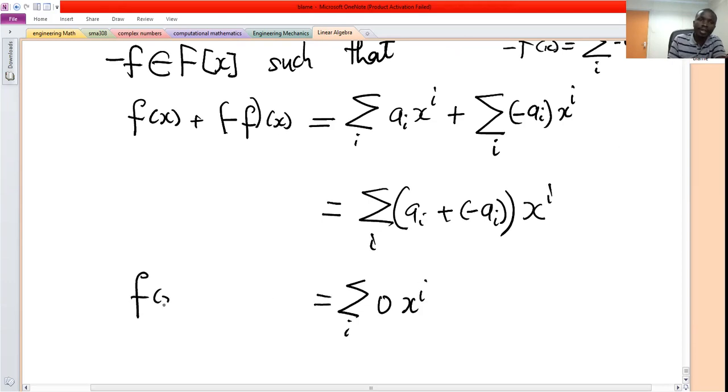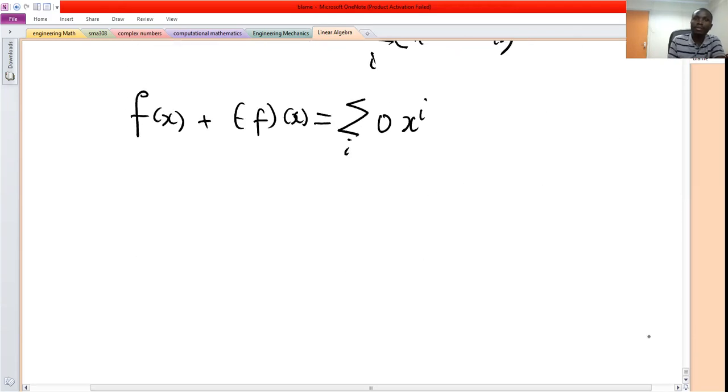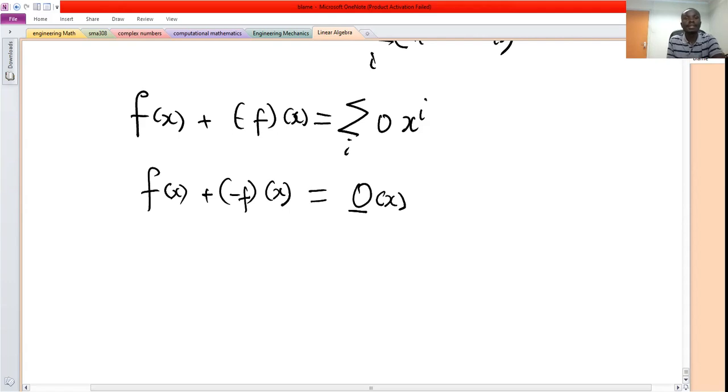So f(x) plus minus f(x) is giving me this. And from what you have done previously, this is just the 0 polynomial. So it is indeed confirming that an additive inverse exists in the set F.